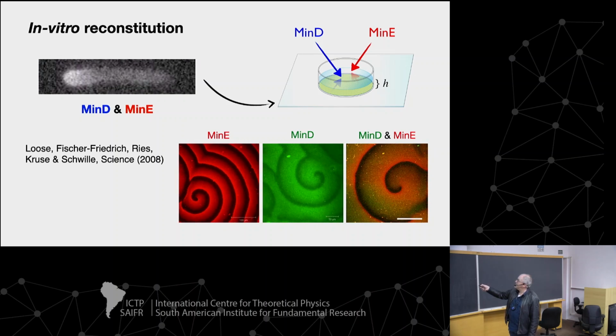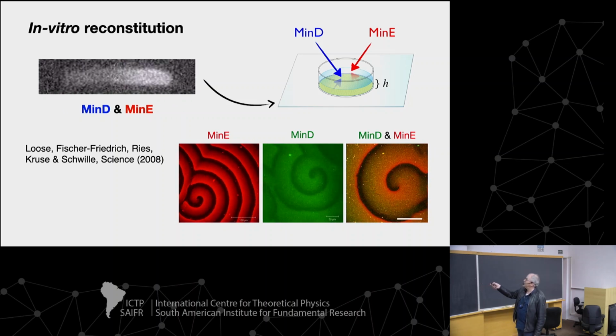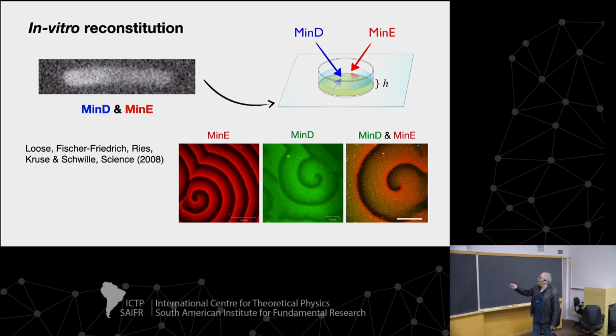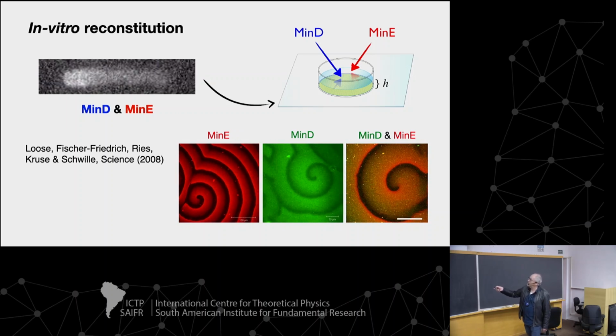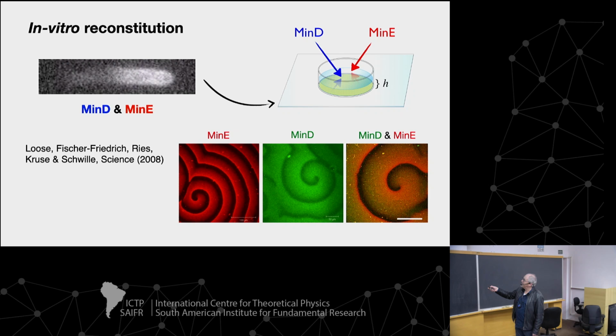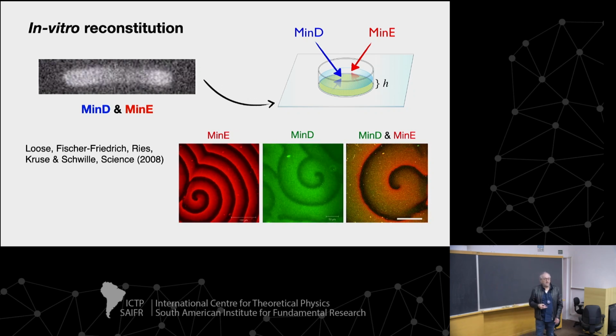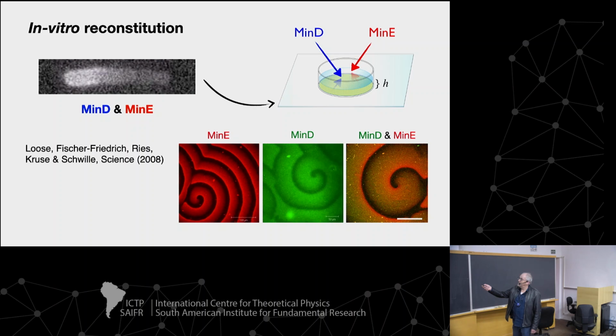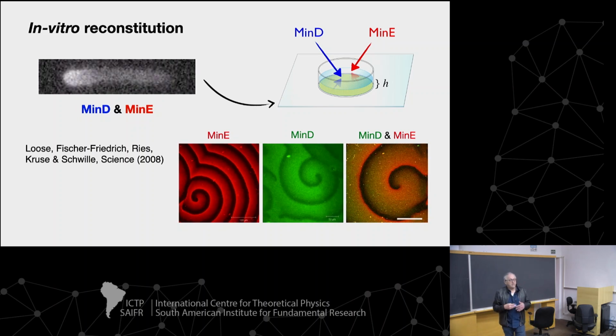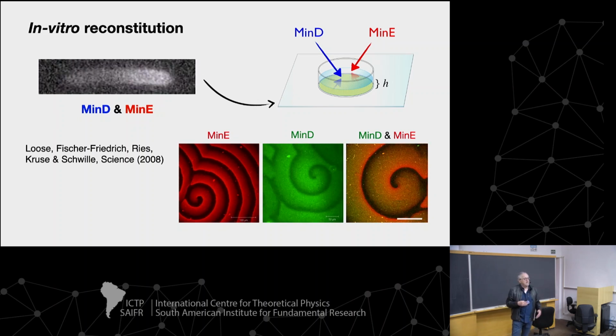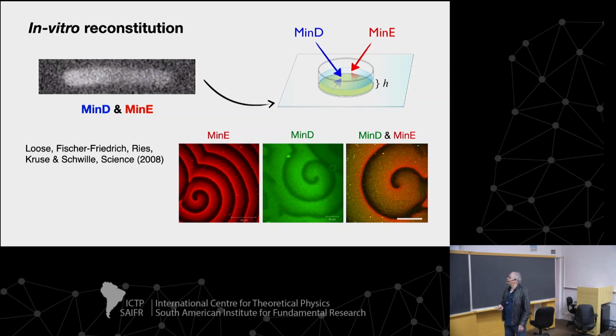So MinE is labeled with a red fluorescent dye, MinD with a green fluorescent protein. And here you can see how the different patterns look like. They look very similar, but in the end, they're kind of overlaid and similar as in the actual system, the MinE is kind of chasing the MinD, right?